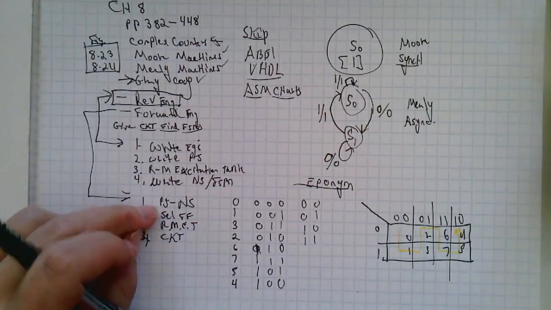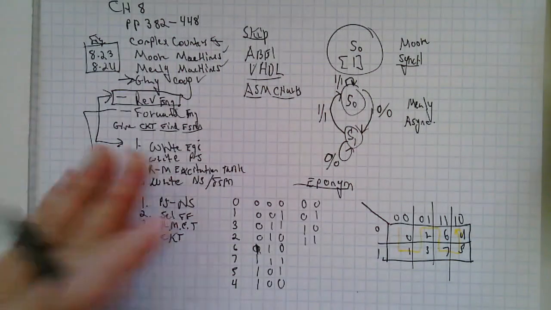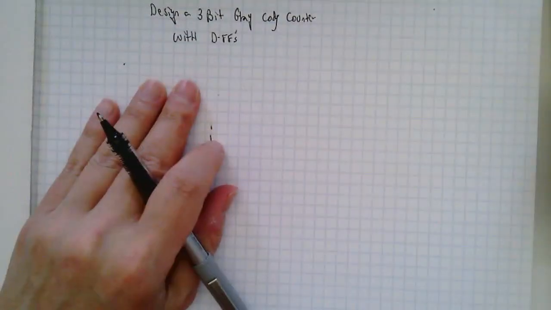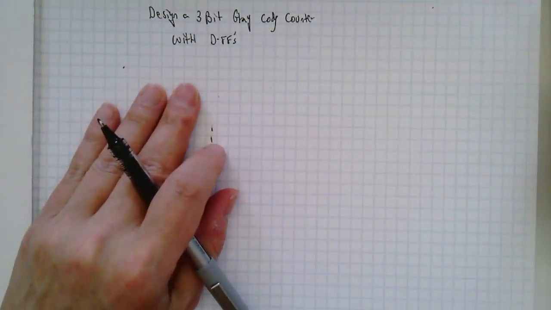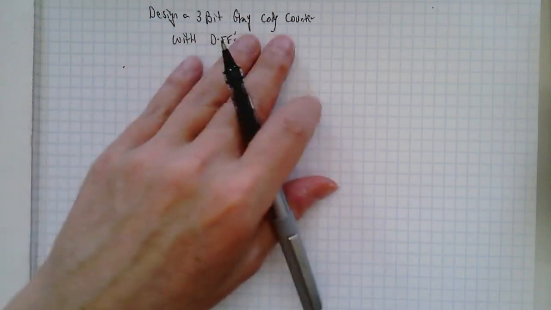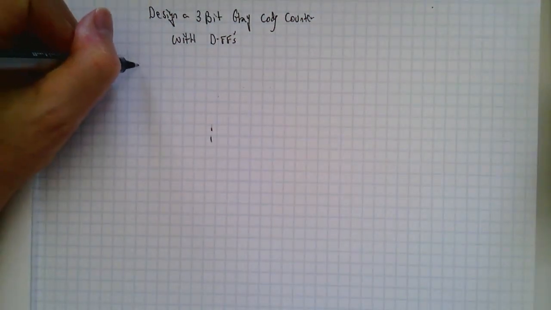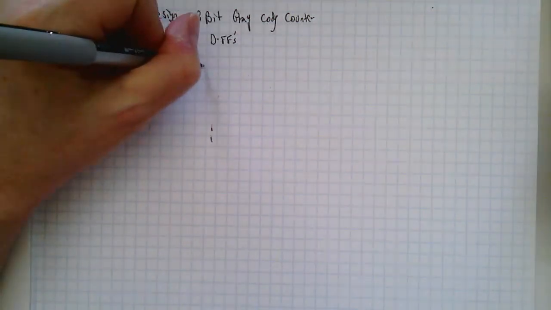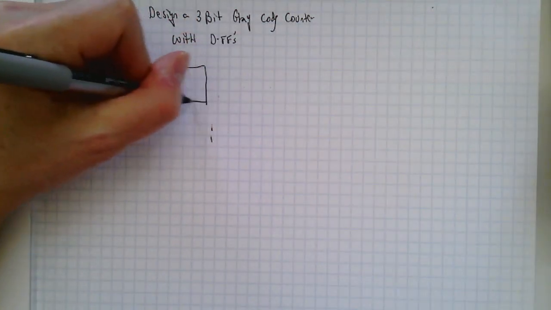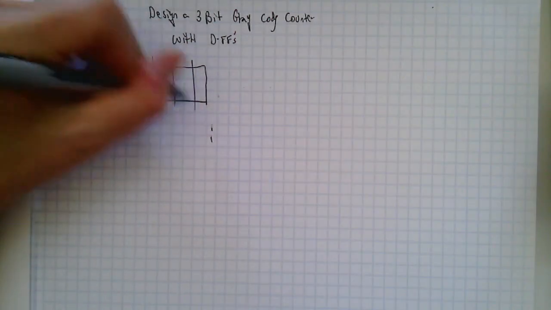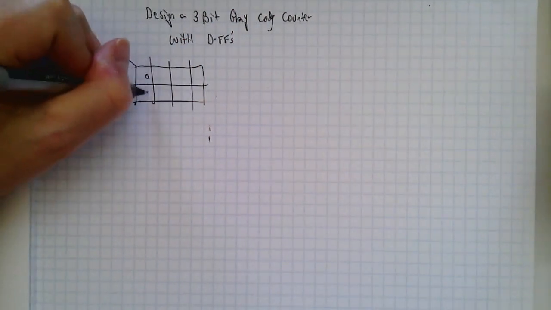How do I do present state, next state for a 3-bit gray code counter? Well, first thing, this is an open-ended English language statement. I don't know how to do that. So I got to figure out how to do a 3-bit counter. So I get myself a K-map. 0, 1, 2, 3, 4, 5, 6, 7.